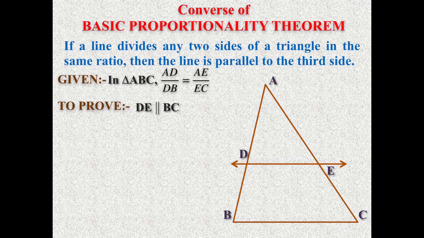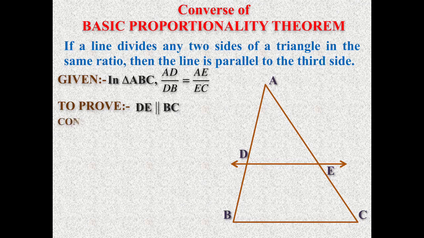We are given the ratio of two sides in triangle ABC, AD upon DB is equal to AE upon EC, and we need to prove that the line segment DE is parallel to the third side of the triangle, BC.